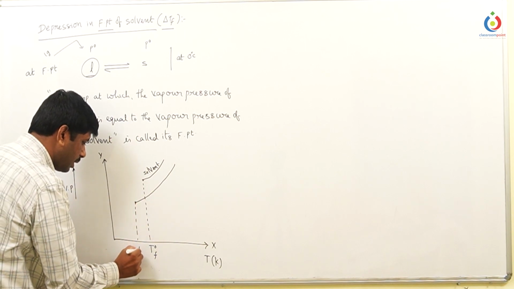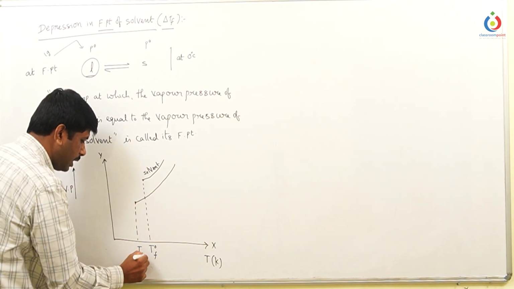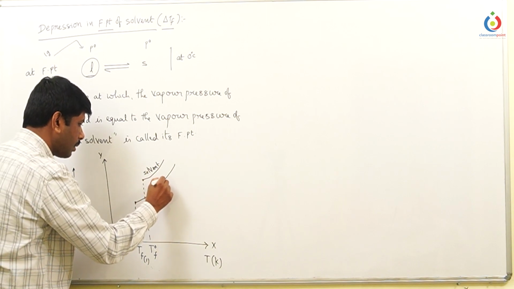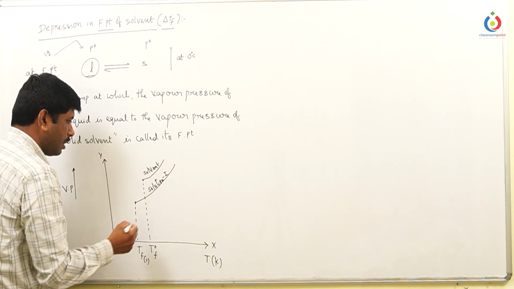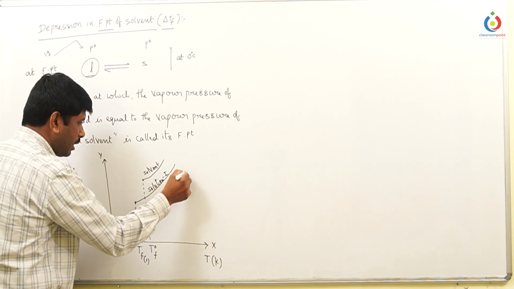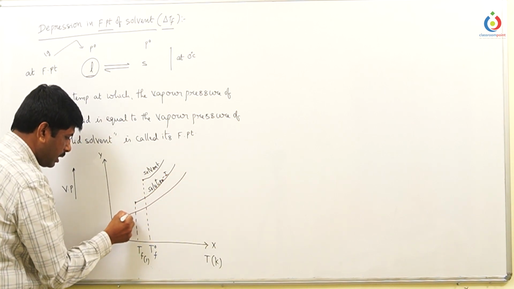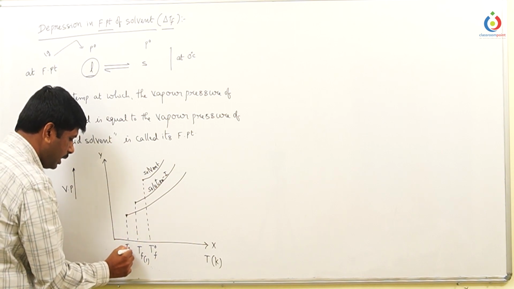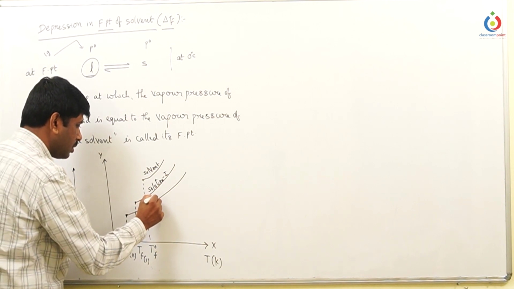So it freezes at a particular point TF1, solution 1, having some concentration. Even if you take a higher concentration, then it comes like this. This is TF2, this is solution 2.